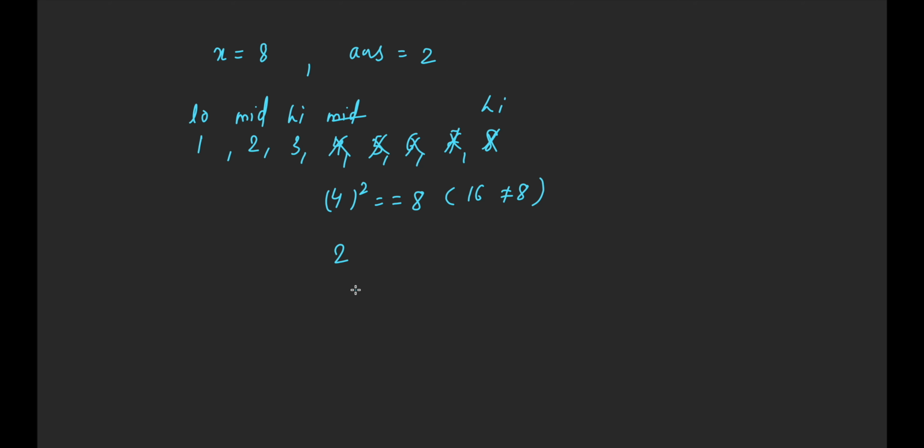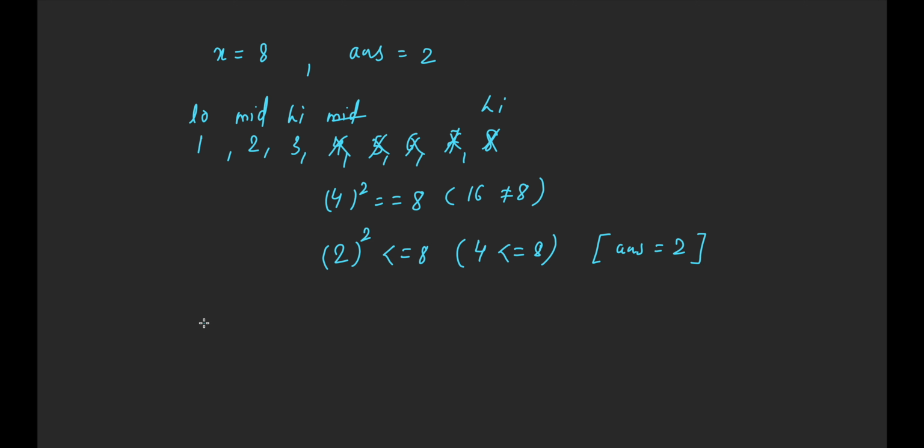If we check if 2 square is equal to 8, it's not, but it's less than or equal to 8. That is 4 is less than or equal to 8. So one answer can be to store answer as 2, since it is less than or equal to 8.